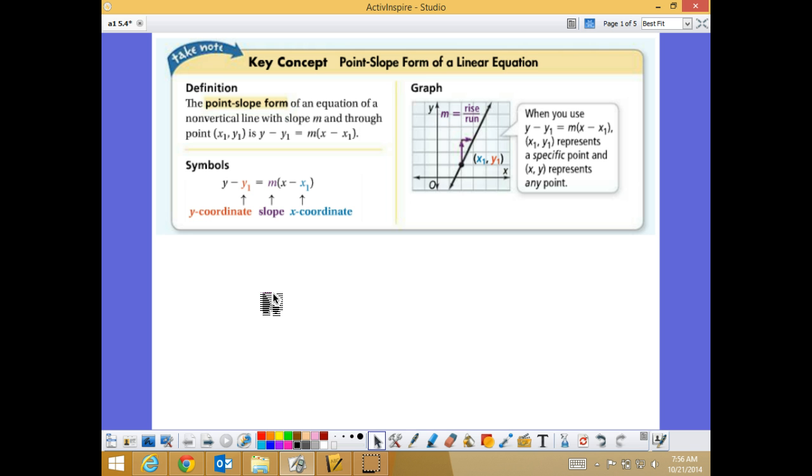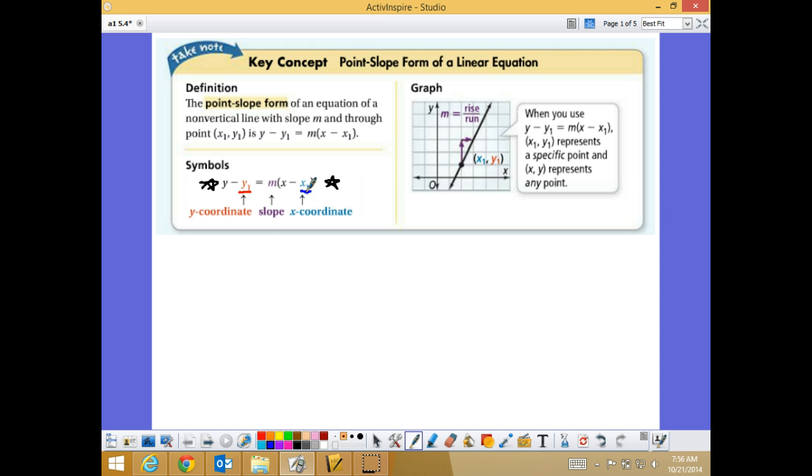Today we are going to look at the second form for a linear equation, and that is point-slope form of the equation. And the point-slope form is right here. And in this equation, the y sub 1 and the x sub 1 are actually going to be numbers.